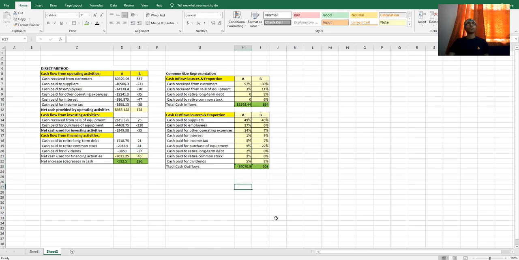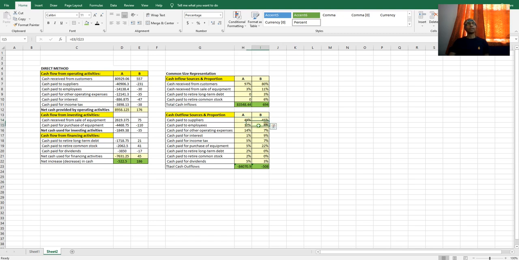So now we are in a position to compare. You can see here, friends, cash received from customers is 97% for A in terms of inflows, while it is 80% for B. So the earnings quality for B is lesser than earnings quality for A. This is one observation we can make instantly. Next thing is cash paid to suppliers. They are pretty similar, 49% and 45%.